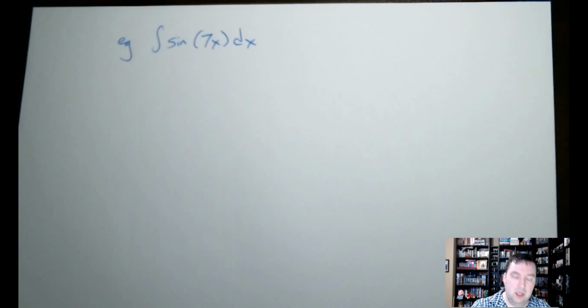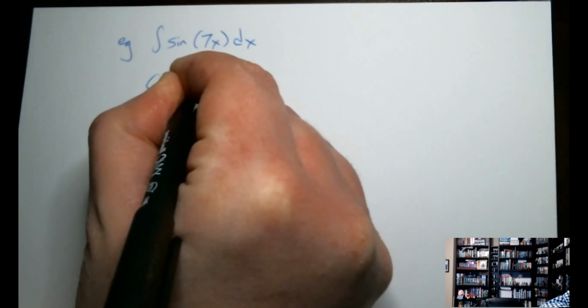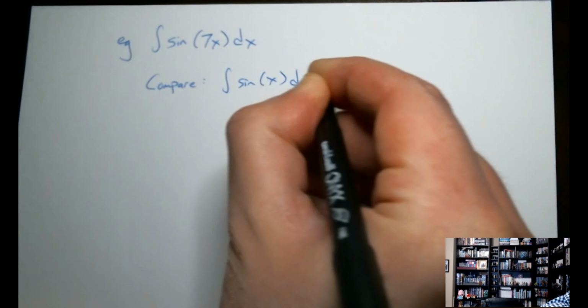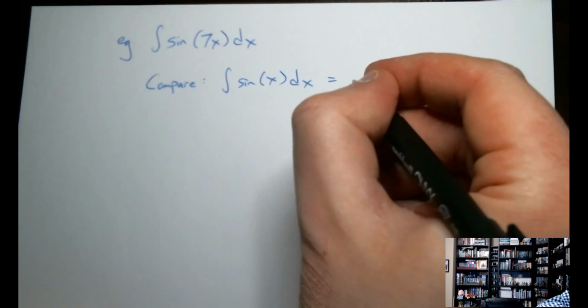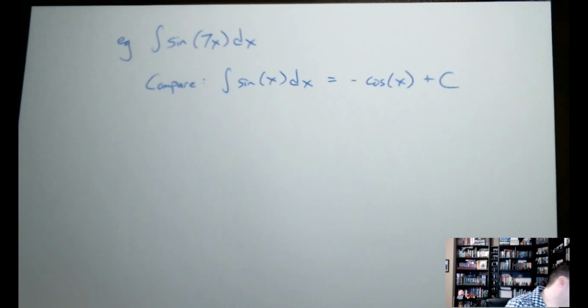And we could always come back and look at another one of those types of examples later if we feel that we need to. So again, we're going to hope that the result of this integral is something similar to the corresponding common integral, where we know that the integral of sine x is negative cosine x plus c.